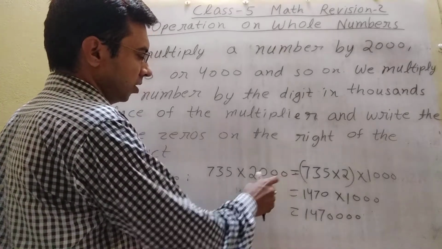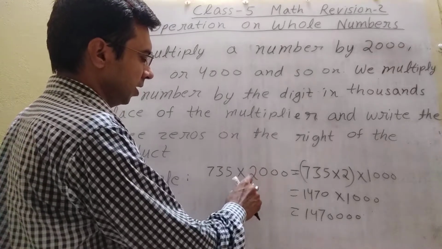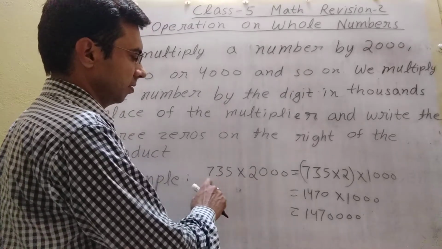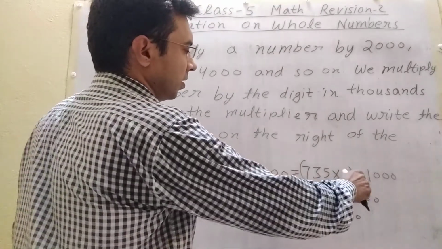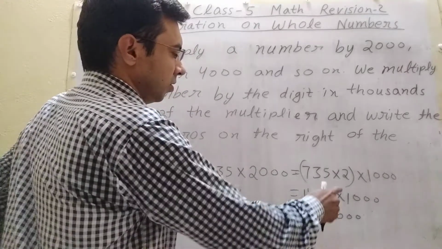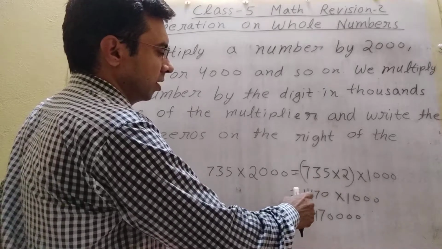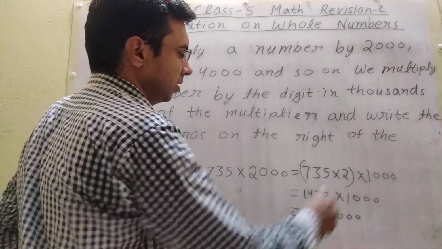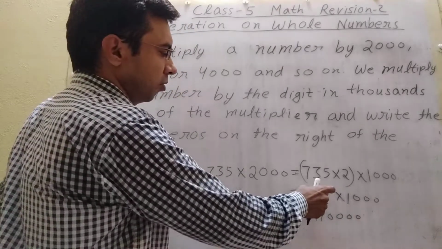In 2000, we have to multiply the digit at 1000 place by the given number. 735 multiplied 2. Keep it inside the bracket, multiply 1000. So 2 5 10, 2 3 6 1 7, 2 7 14. 1470 multiply 1000. Now simply add the 0s in the product what we have got.